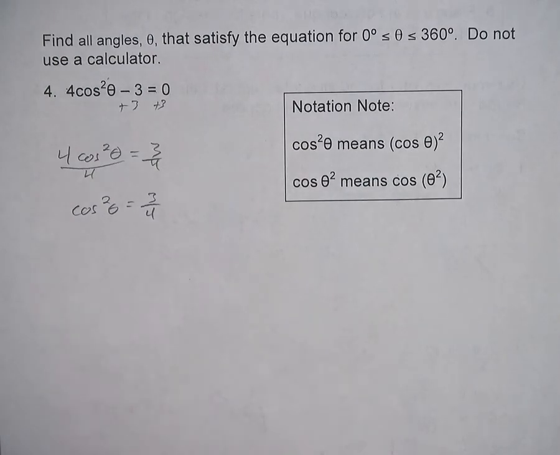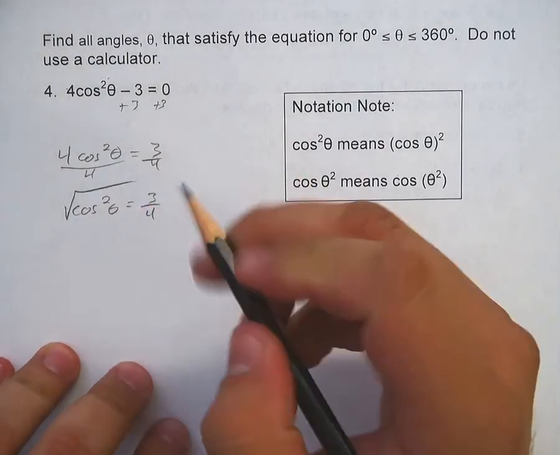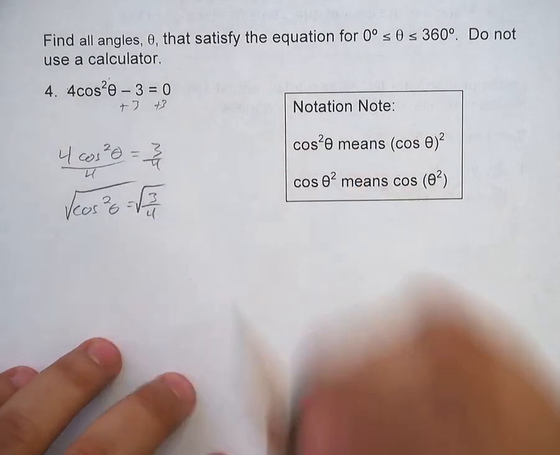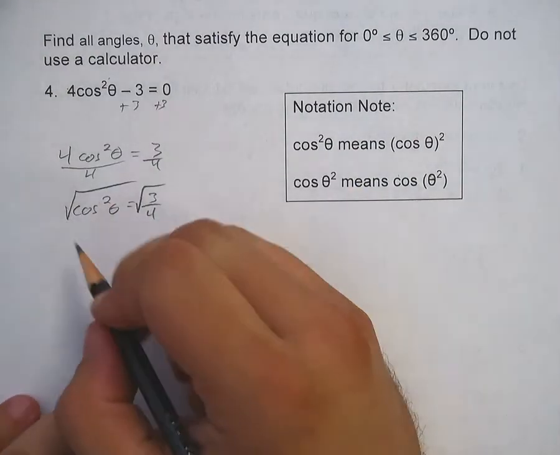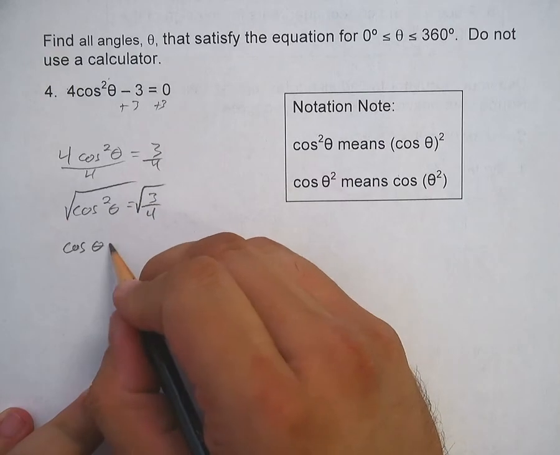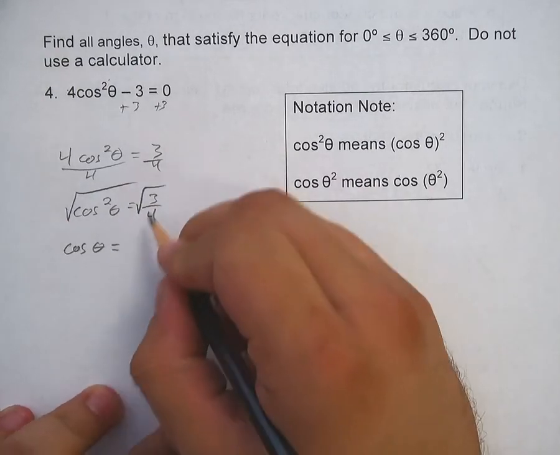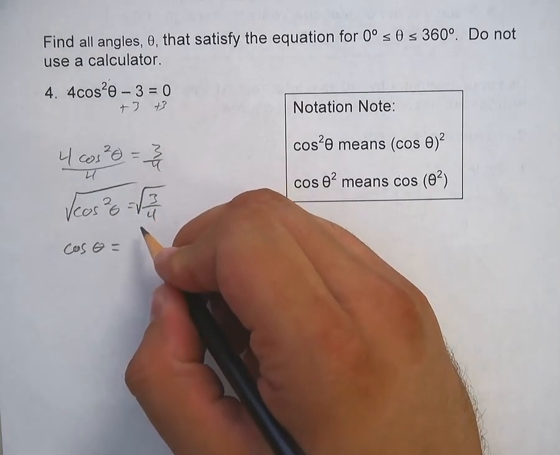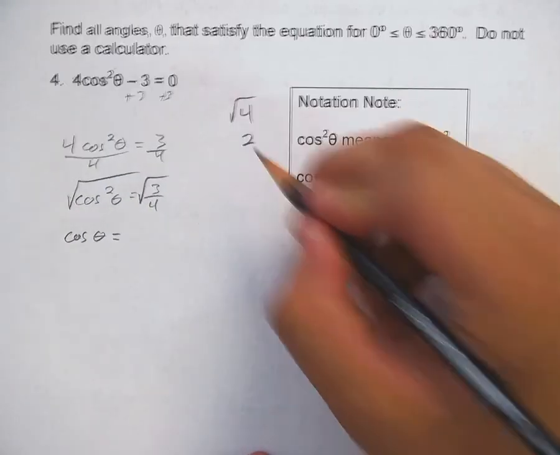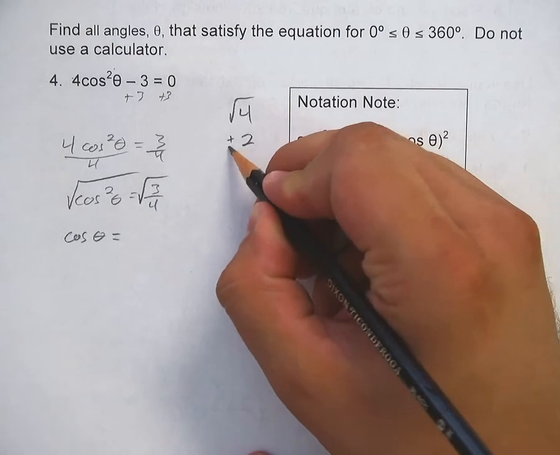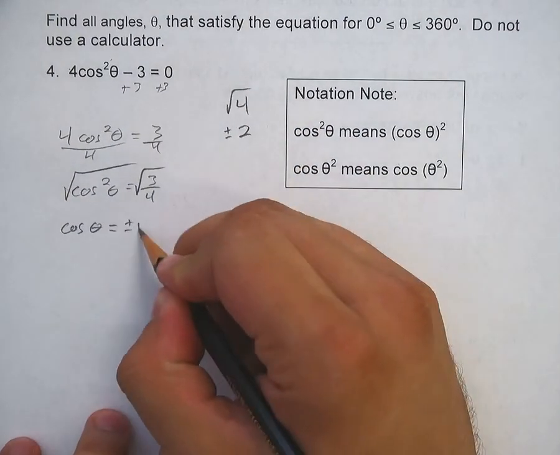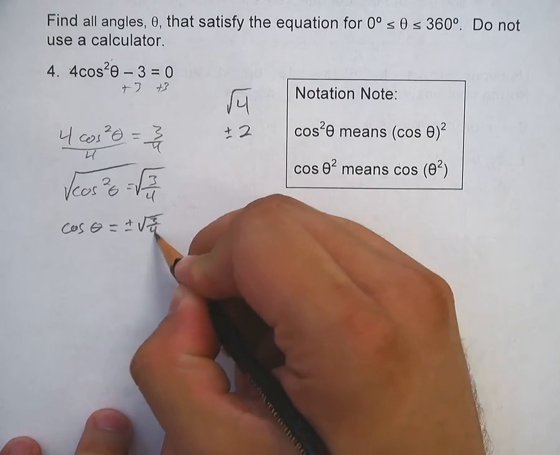And here's where the interesting part comes in, because I'm going to square root both of these things. And you get the cosine of theta is equal to, now when I took the square root of something, kind of like when you take the square root of 4, it's not just 2, but it's positive and negative 2. Same thing goes here. This is positive negative square root of 3/4.